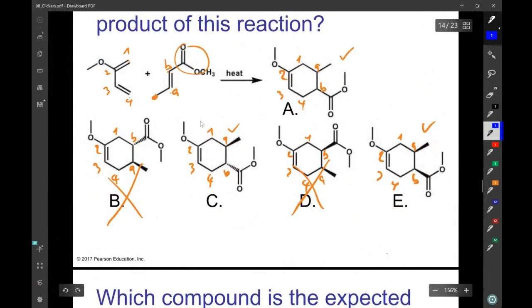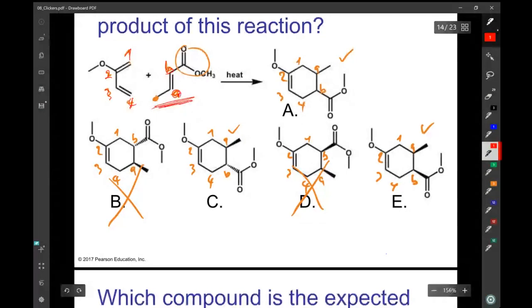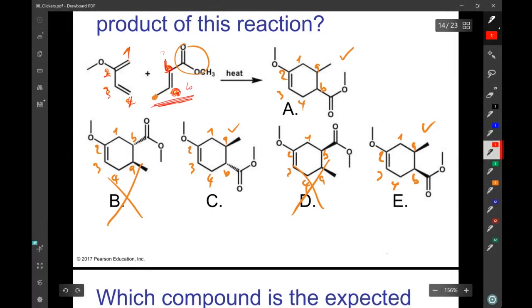And I guess we have reduced our choices to A, C, and E. Let's start from the beginning. What we did was we decided to label this as carbon 1, carbon 2, carbon 3, and carbon 4, and label this as carbon A and that one carbon B. The first thing, we will notice why I decided to label this carbon A and then label this carbon B instead of labeling this one A and the other one B. We'll look at it in detail today.